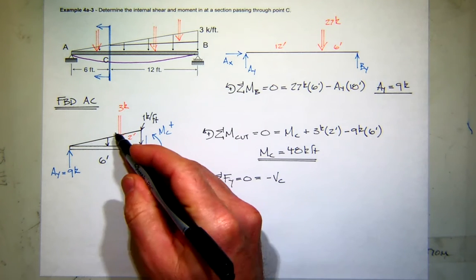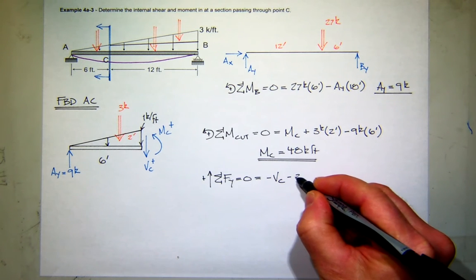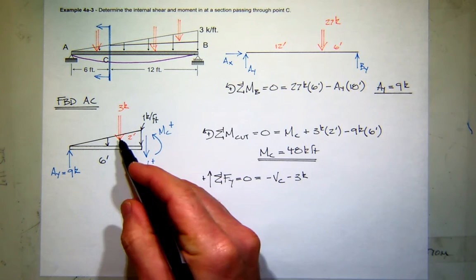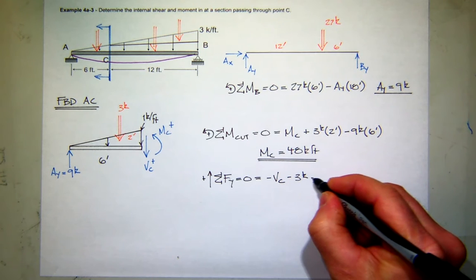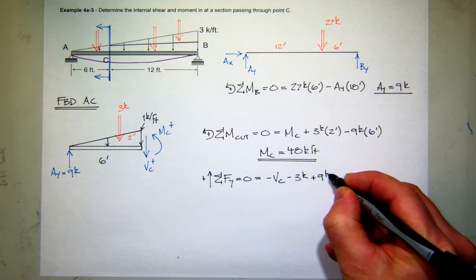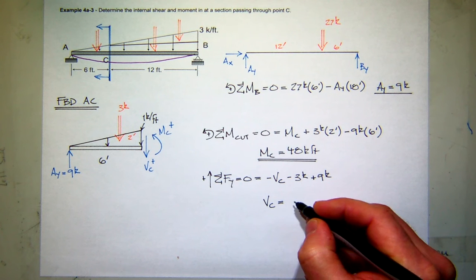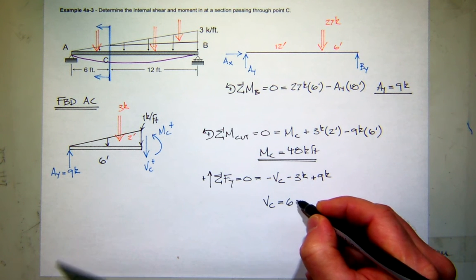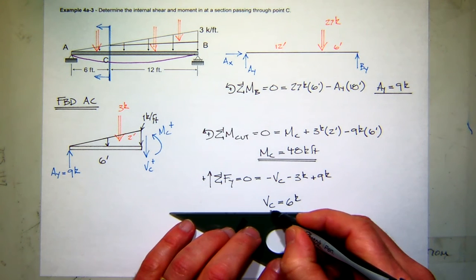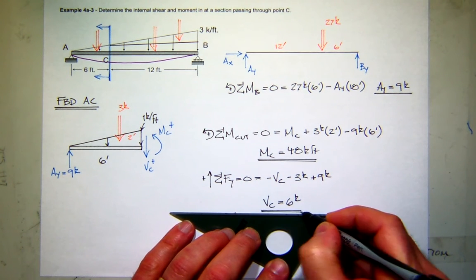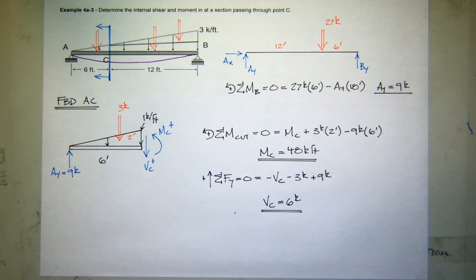It's acting down. Also acting down is my 3 kip concentrated equivalent force, and then what's acting up? The 9 kip force. So it looks like the shear at C is equal to 6 kips. And that's that.